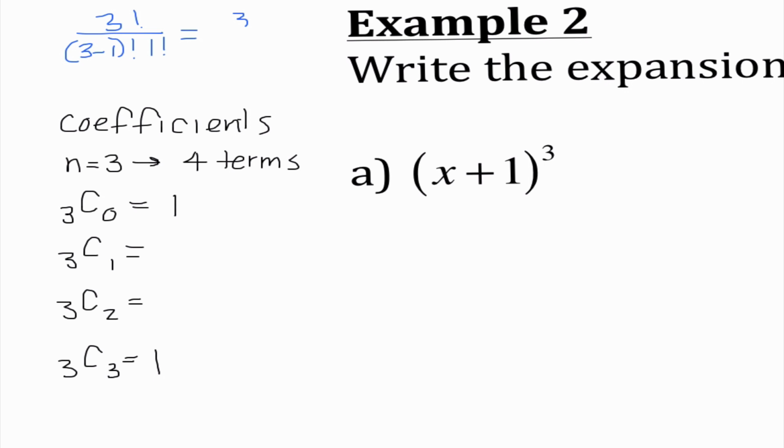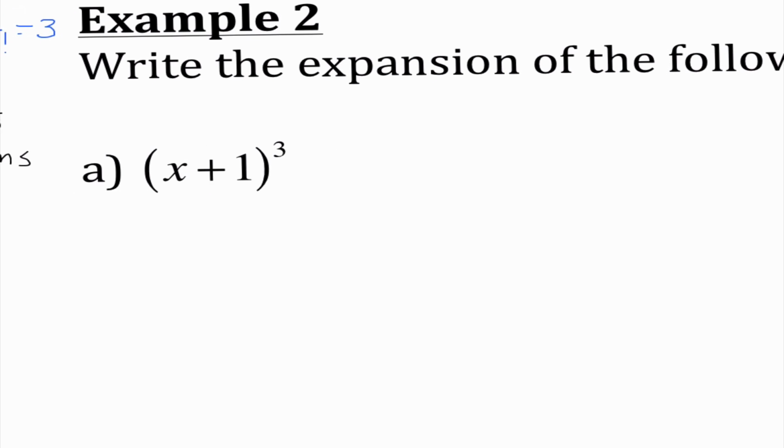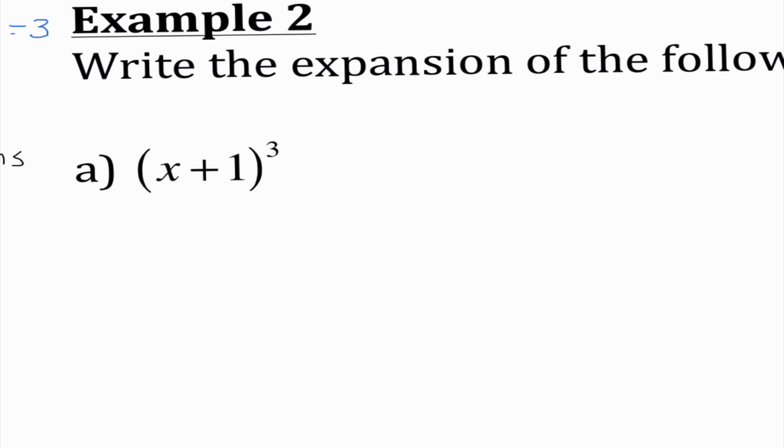So that would give me 3 factorial over 2 factorial, 1 factorial, which is just 3. So that means that my other coefficient is also going to be 3 because these always go in a symmetric pattern.